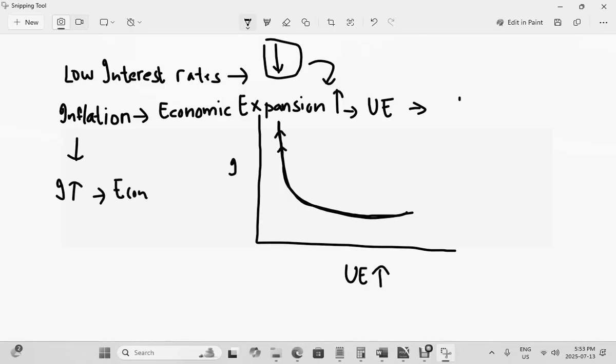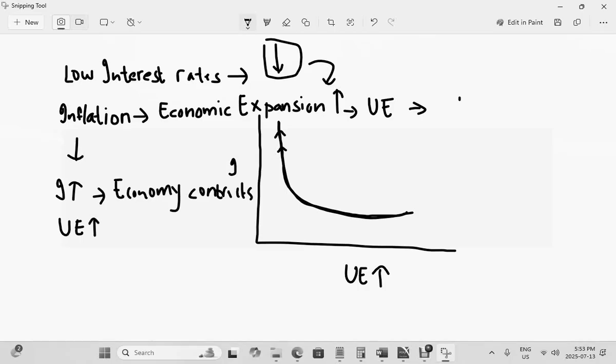Because the economy contracts, your GDP will shrink, and your unemployment will go up.